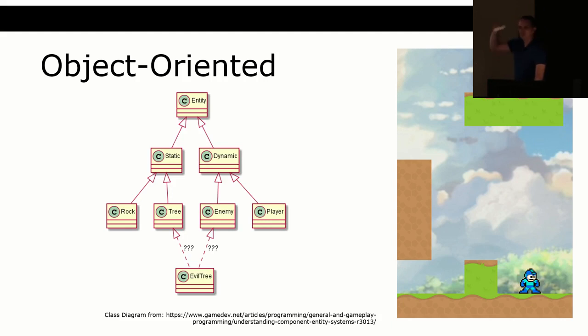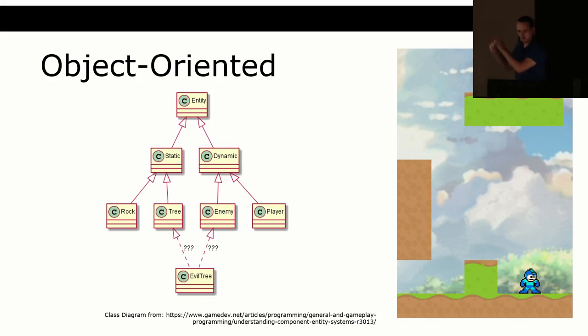And so we see how complex this architecture gets. As we add more and more things, we're pretty much adding a new class for each new thing that we add. And then what if I want a tree that's also an enemy? Okay, so maybe now I have to have static enemies and dynamic enemies, and it can get complicated, right?